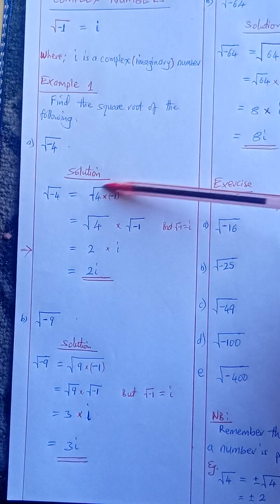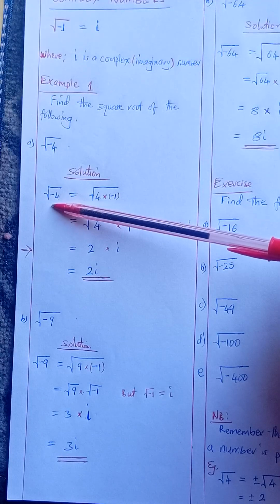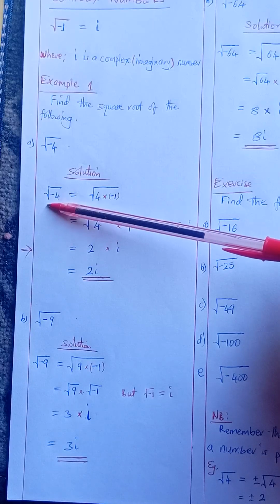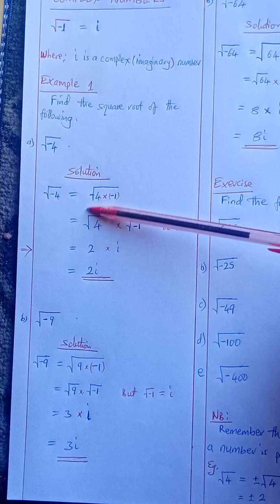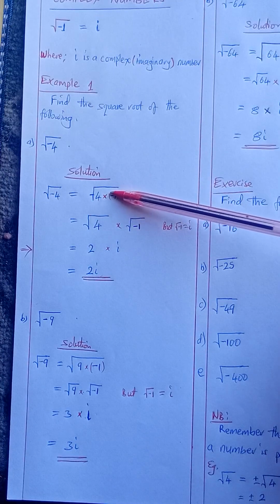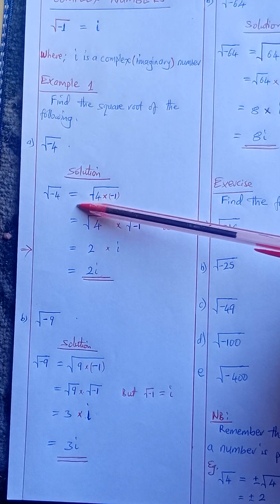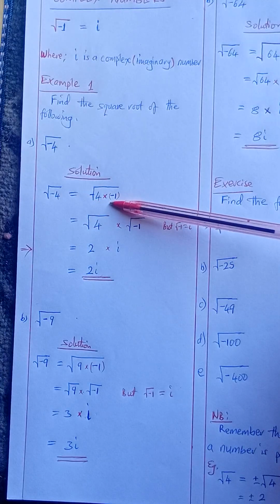In our solution here, we begin by putting the root sign to represent what has been given in the question, which is root of negative 4. So root of negative 4 is the same as root of, then now we have to find negative 1 multiplied by what, which we can get negative 4. So we have to factorize this.